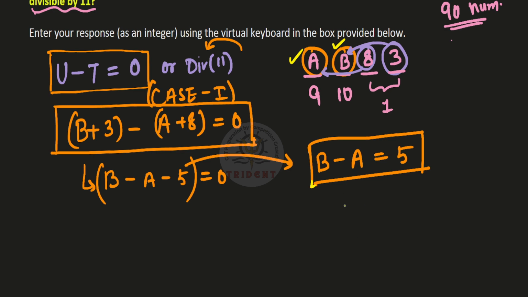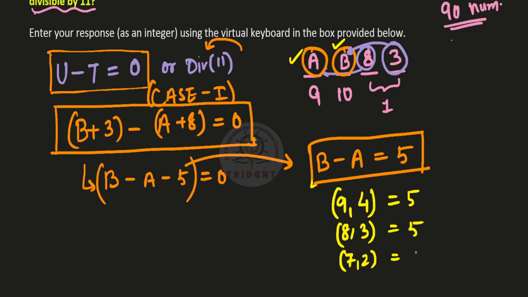So I will start off with a bigger number in b. So 9 and 4, the pair, can give me 5. 8 and 3 can give me 5. 7 and 2 can give me 5. And 6 and 1 will also give me 5. So these are the pairs that can be filled.